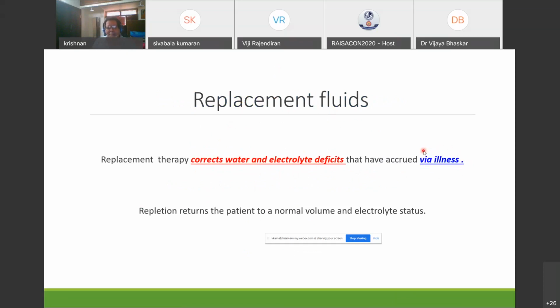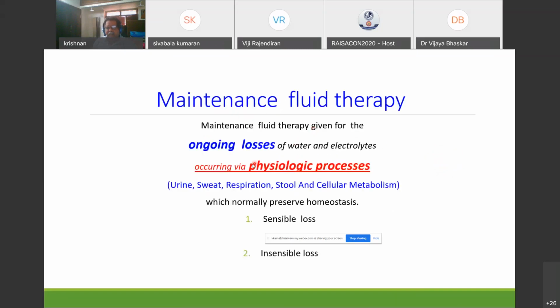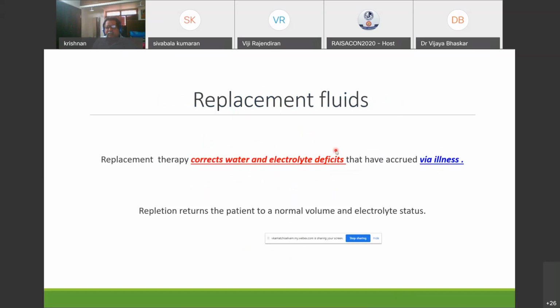So these are things that are some kind of an illness. This is not physiological. This is what we have created, or because of the patient's illness, it has been created. And this has to be replaced. So this is called replacement fluid. This thing you have to understand. Maintenance is for physiological process. Replacement is for losses due to illness or your preoperative fasting.